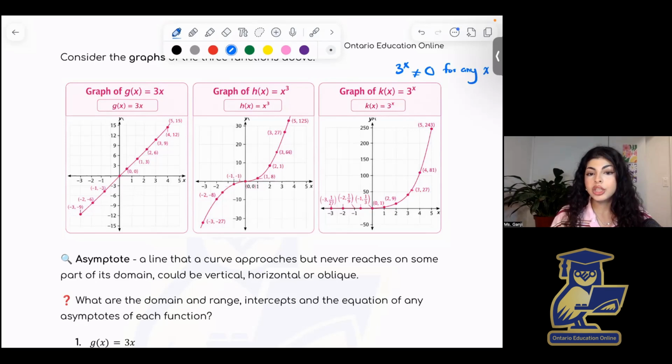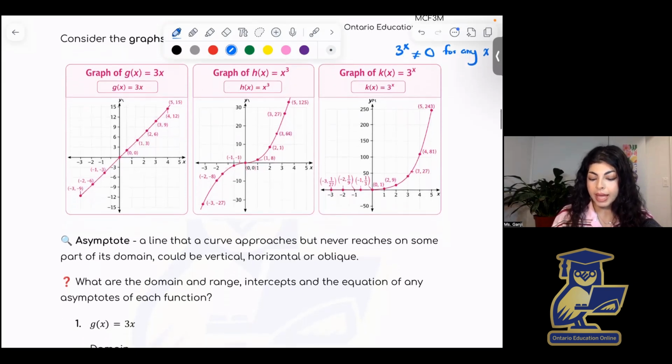And as such, it will never actually pass the x-axis, and so it will also never have a negative output. And that's our definition here of an asymptote. So an asymptote is a line that a curve approaches but never reaches on some part of its domain.